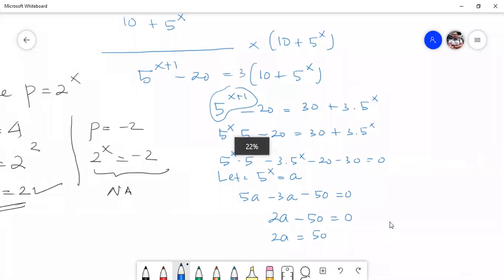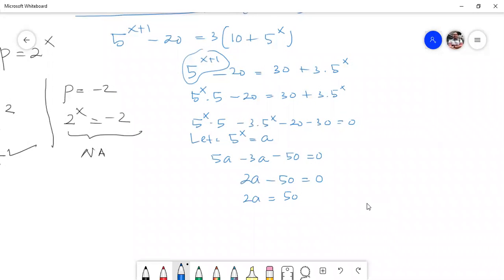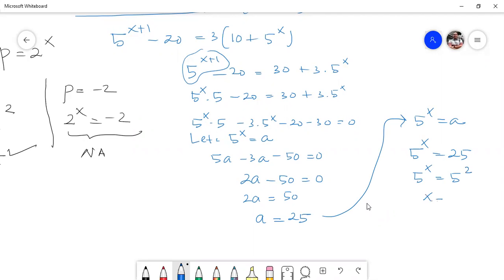Then a is 25. Since 5 to the power x equals a, then 5 to the power x equals 25, which is 5 squared, so x equals 2. That's the solution. x equals 2.